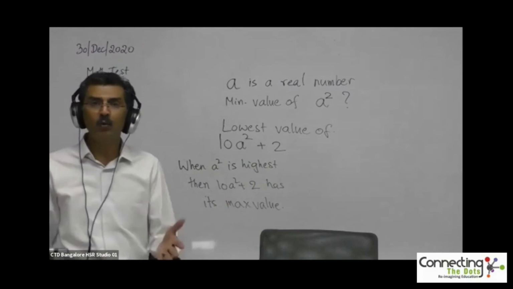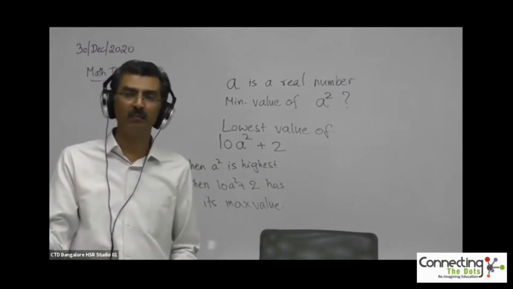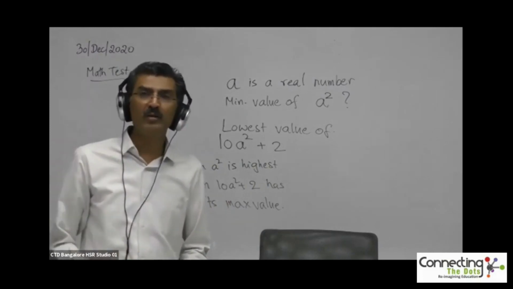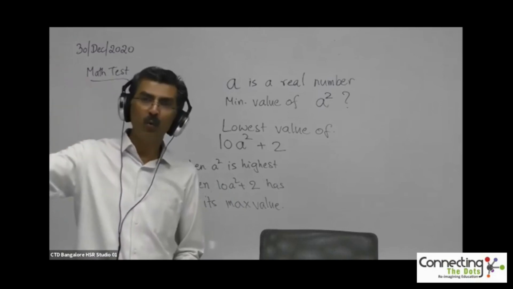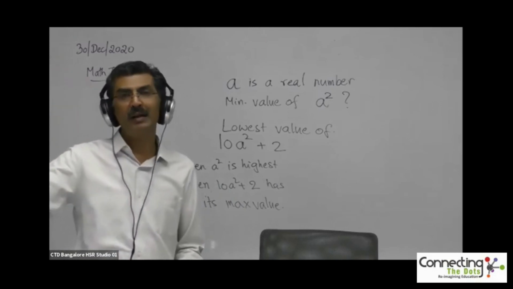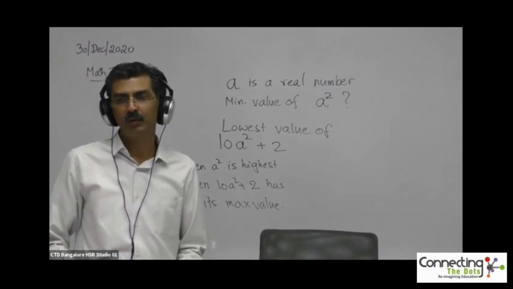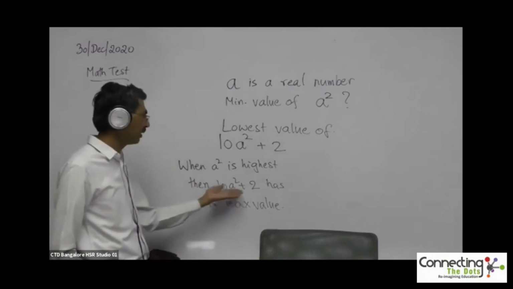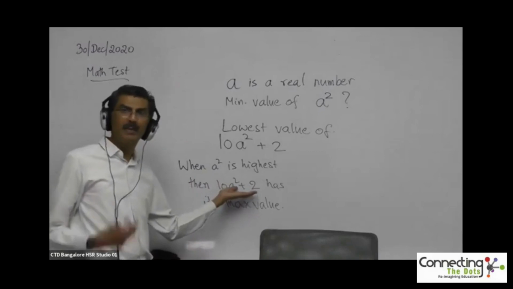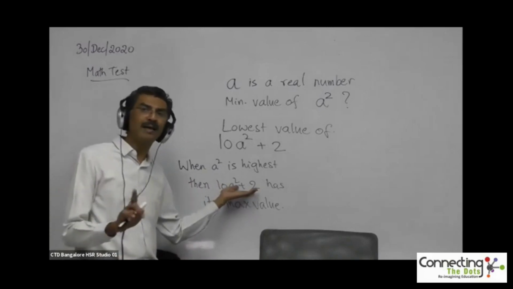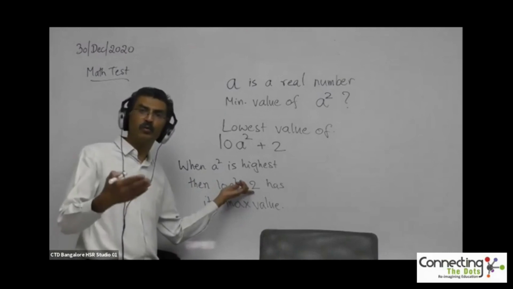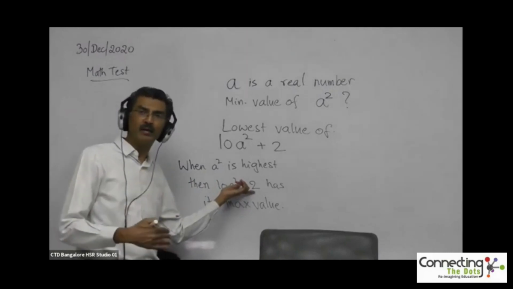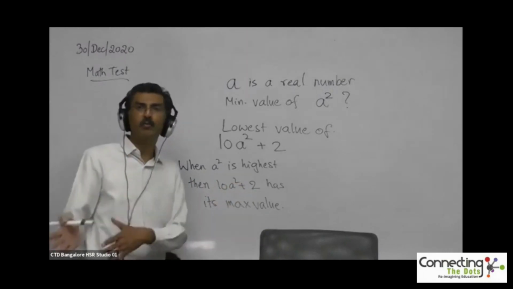But now we know that there are limits to a square. Because it's a trigonometric function, a square cannot be more than 1 and cannot be less than 0. So the maximum value of a square is 1. So this becomes 12. The minimum value of a square is not minus 1. Even though sine theta can become minus 1, sine square becomes plus 1 again.